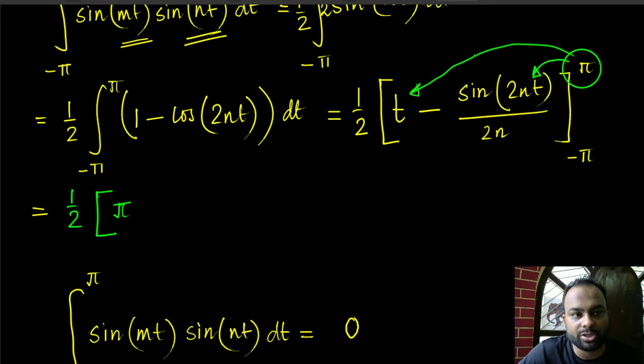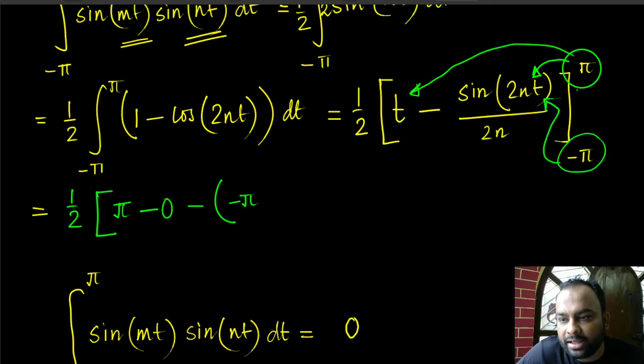We again have a situation where we have a sine of an integer multiple of pi. So when I put pi here, this becomes 0. So I have t minus 0. That's for the upper limit. And when I put the lower limit, again in place of t, I put minus pi. Again, when I put minus pi here, same thing happens.